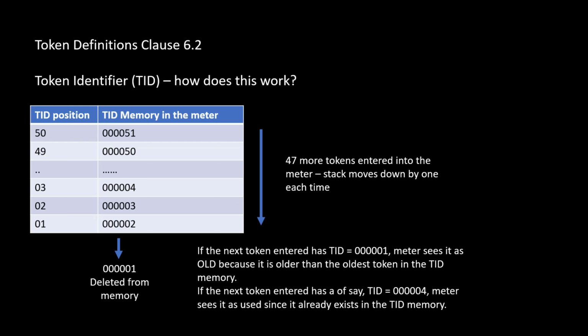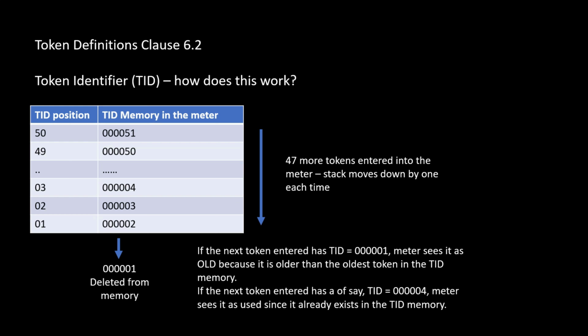It's no longer in the TID memory. So if you put a token with a TID value of 1, it is definitely older than the token in position 1, which is 000002. If the next token entered has a TID of, say, 000004, the meter sees it as used because it is already contained in the TID memory.